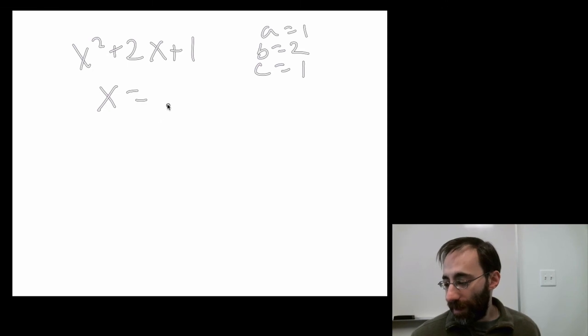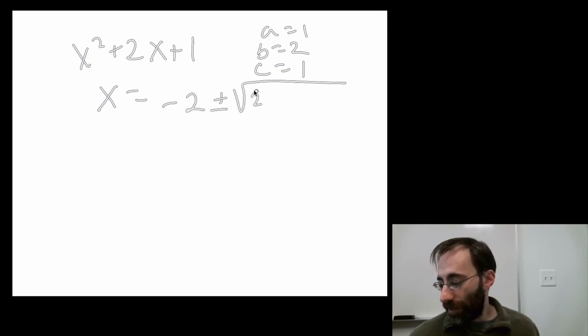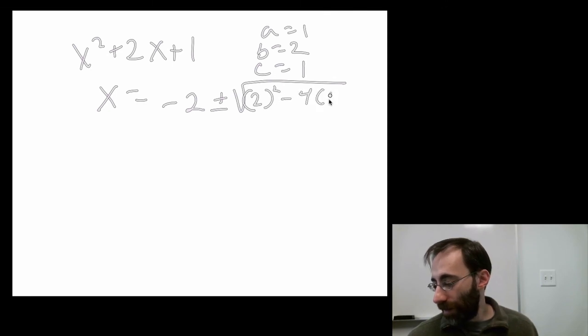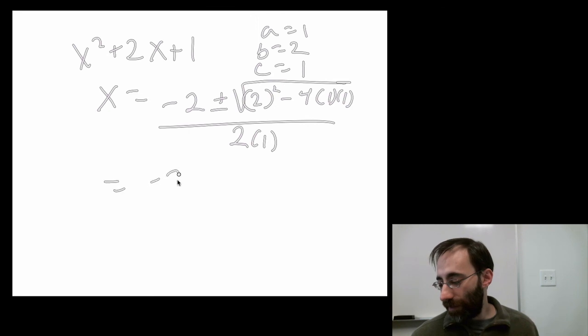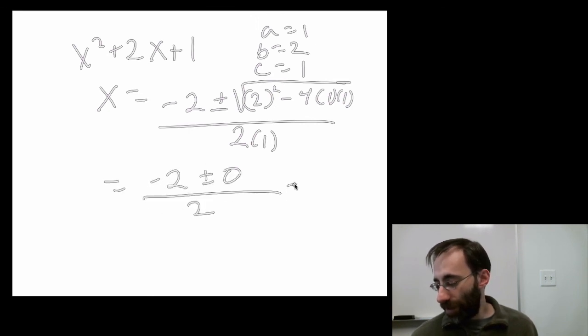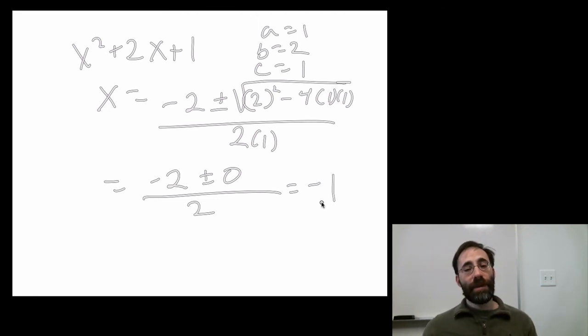Then you get negative 2 plus or minus the square root of 2 squared, which is 4, minus 4 times 1 times 1. 4 minus 4 is 0, over 2 times 1. That equals negative 2 plus or minus 0 over 2, which equals negative 1. So only one solution to that, which again matches our previous answer.